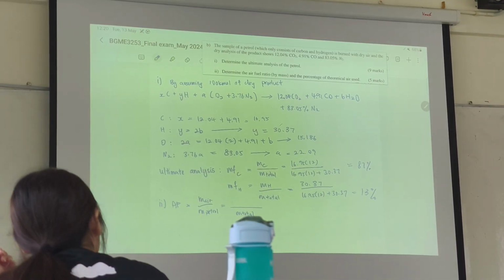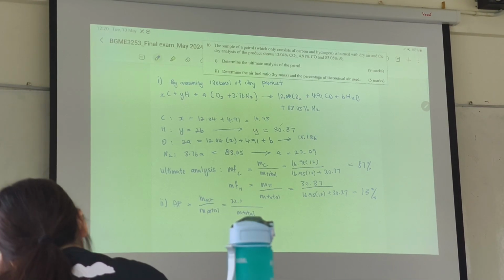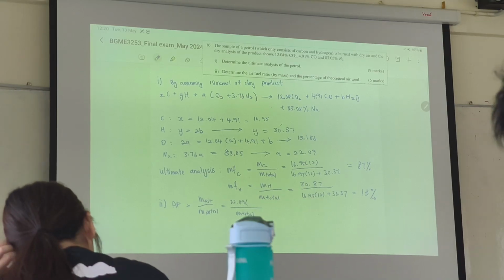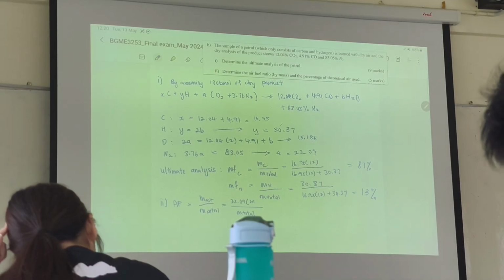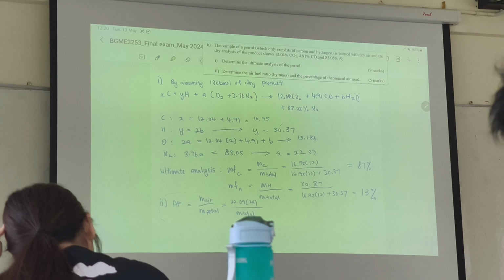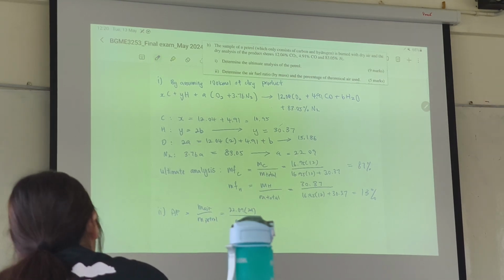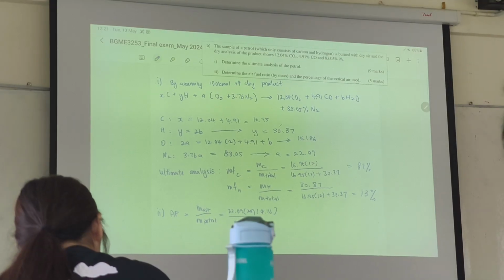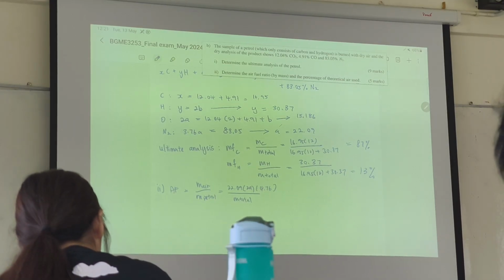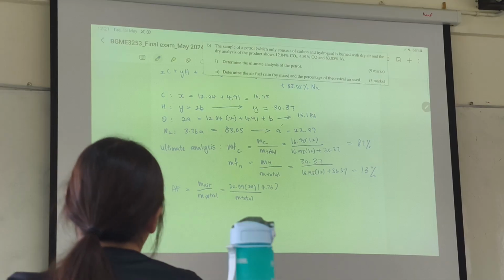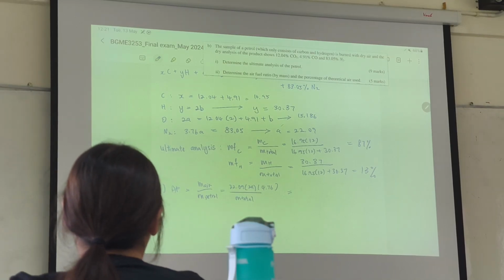So it is 22.09 times 29 times 4.76. So you should get the air fuel ratio here.